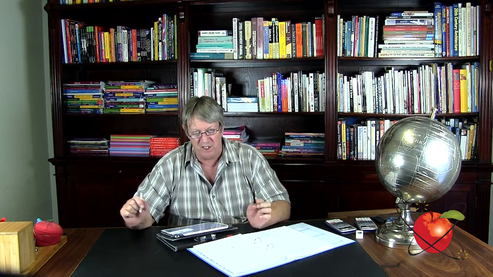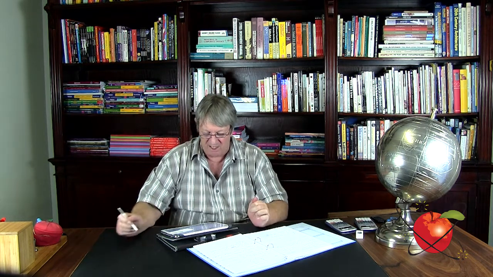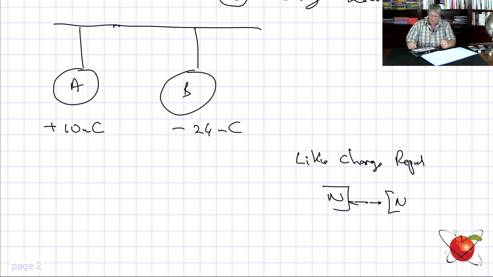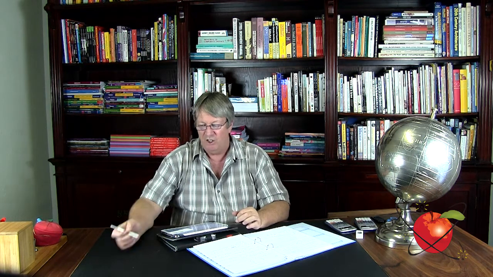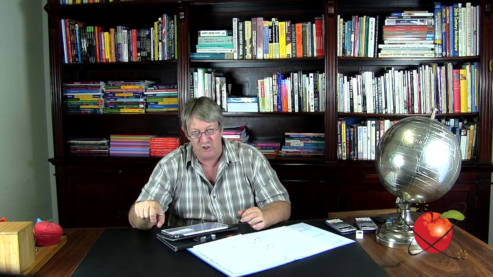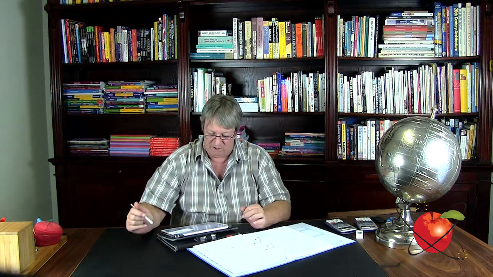A negative and a negative don't want to be together, and a positive and a positive don't want to be together. But here we've got opposite charges attract. North pole and a south pole. What happens? The north pole says come here and the south pole says come here. So they move together. You've obviously done that many times with the magnets. You put it there and it attracts the opposite pole, correct?